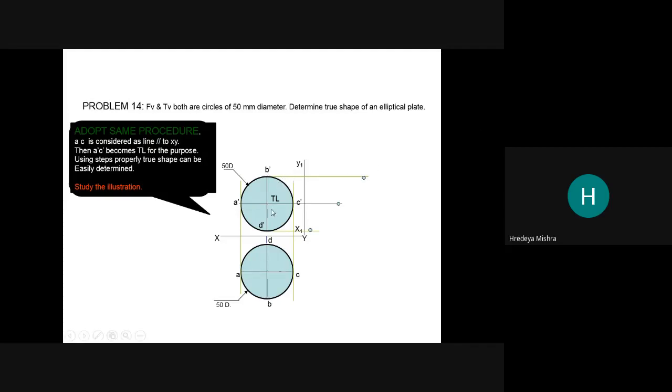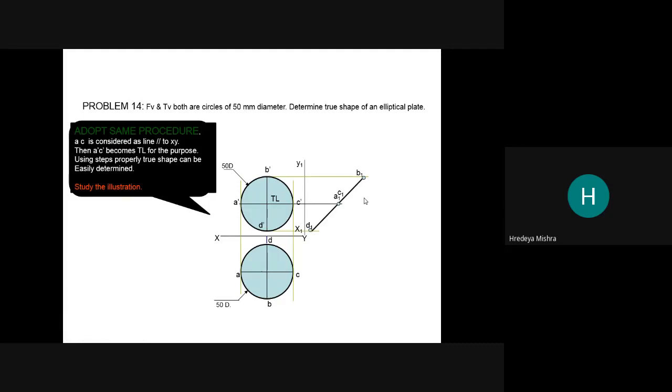We just assume the points D, C and B. Now see B1, A1, C1 and D1, because AC overlaps here, so we get an inclined line here.